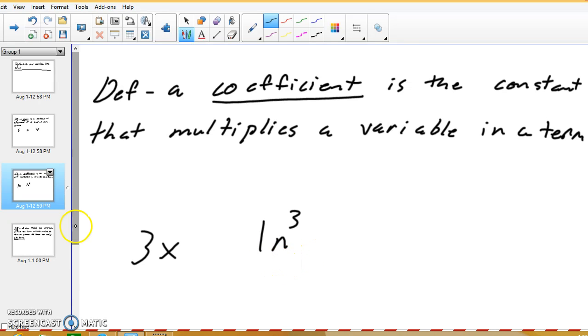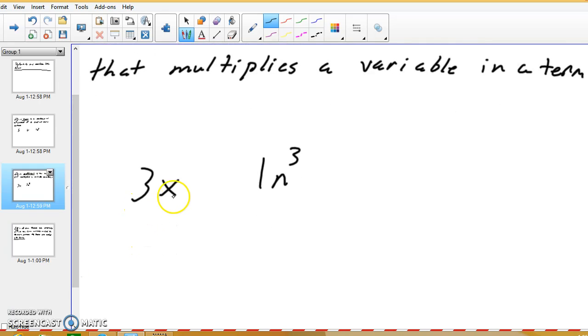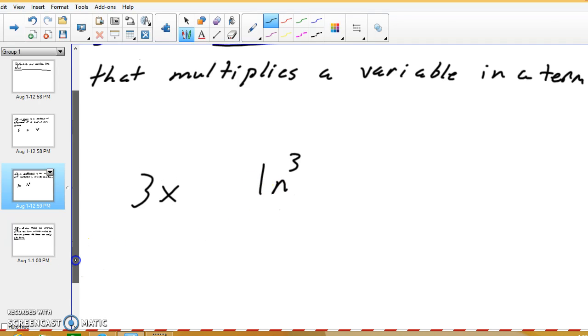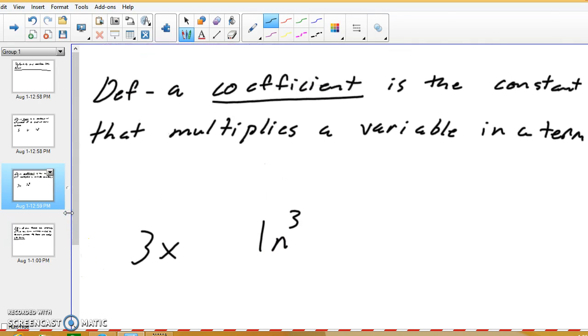So, 3x is the term, 3 is the coefficient, x is the variable. N cubed is the term, 1 is the coefficient, n cubed is the variable.